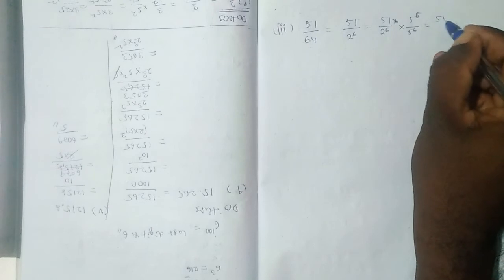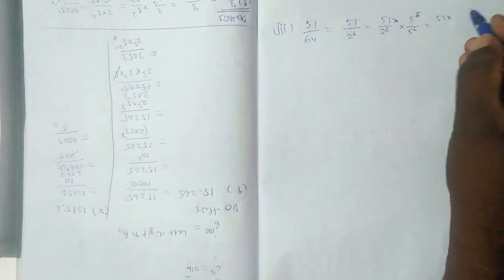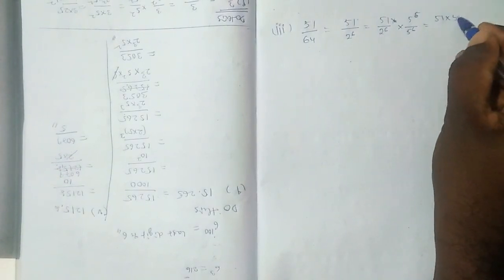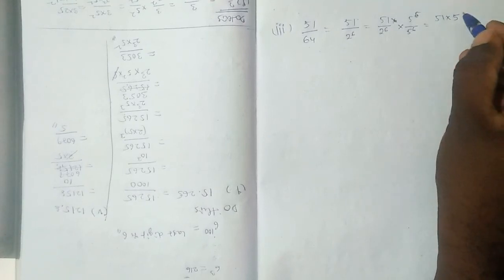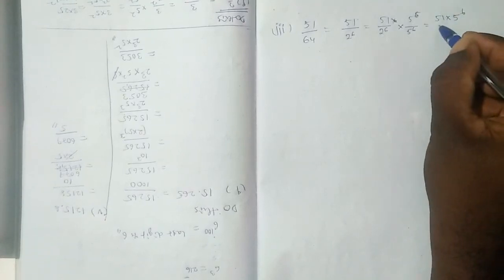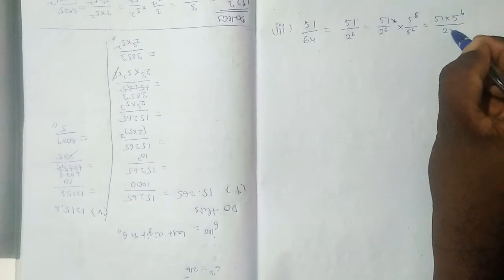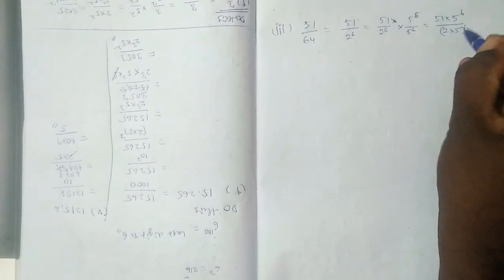It is 51 into 5 to the power of 6 by 2 into 5 to the power of 6.